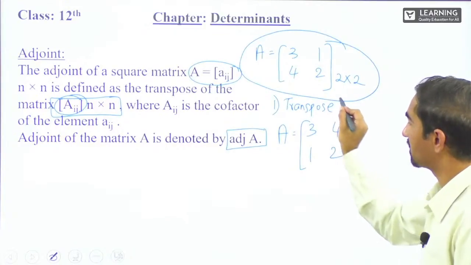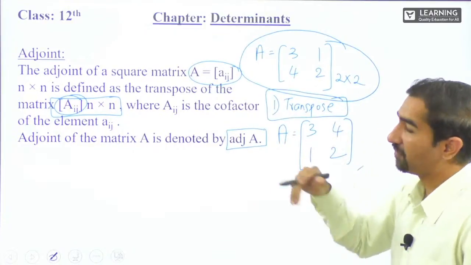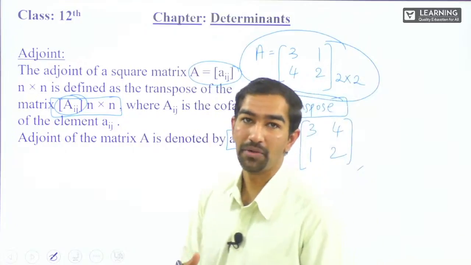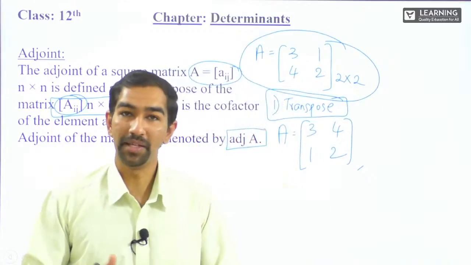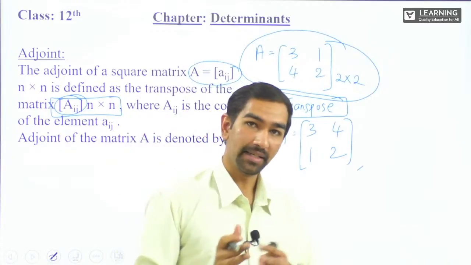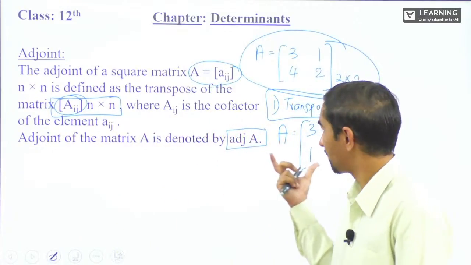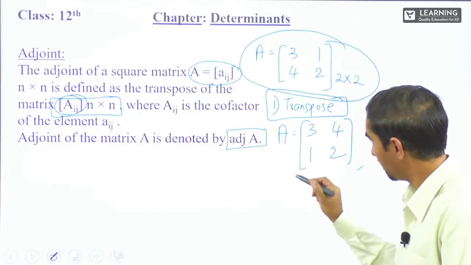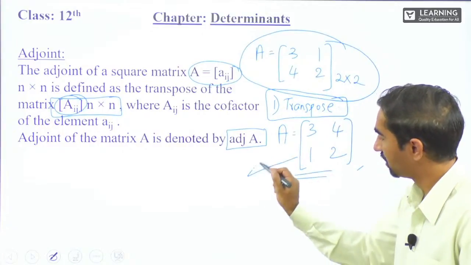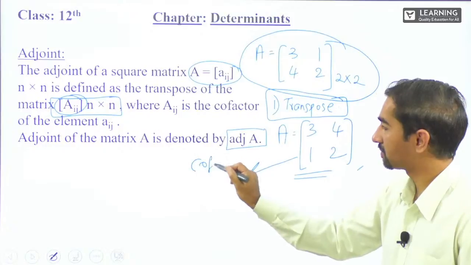So this is your first step, students. Make a note: if you are asked to find the adjoint of a given matrix, the very first step is to take the transpose of that matrix. After taking the transpose, we got the transpose of the matrix, right? So for this matrix you find the cofactors.